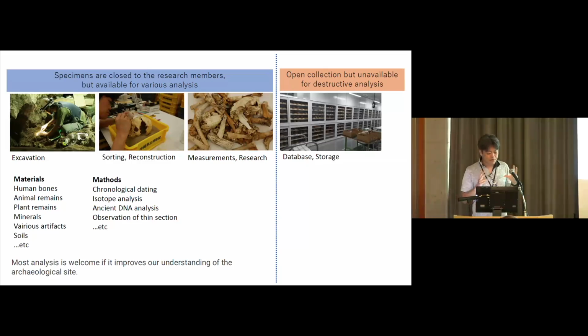And we excavators usually consider that our activity, excavation itself, is an activity destroying the archaeological site. So we want to know as much information as possible through the excavation.